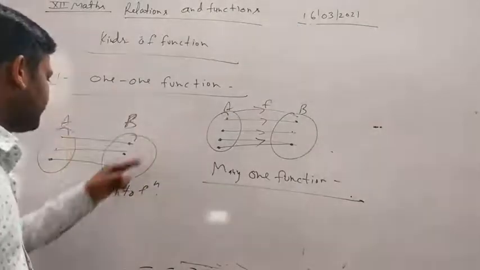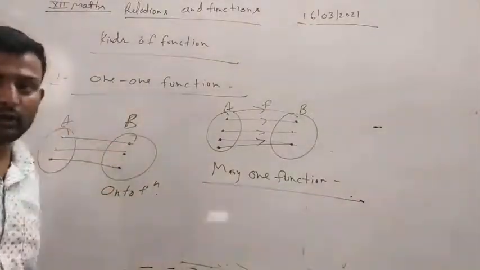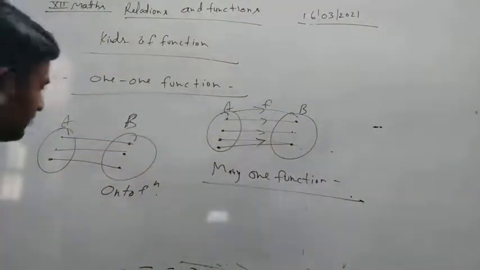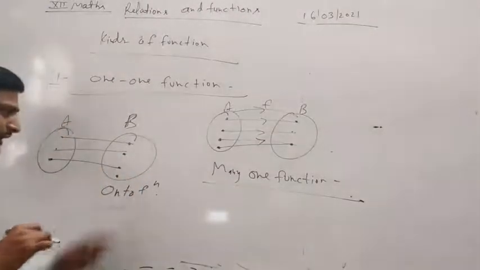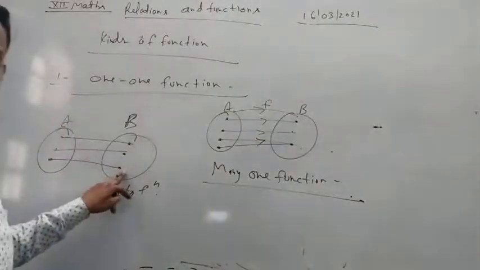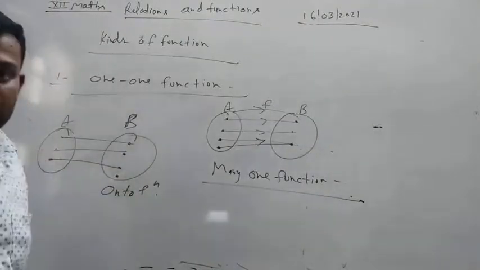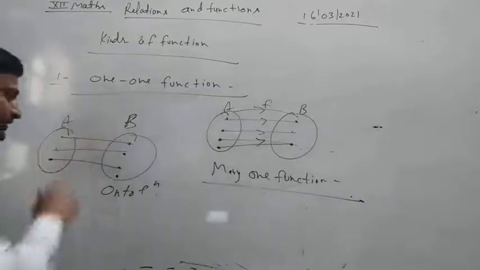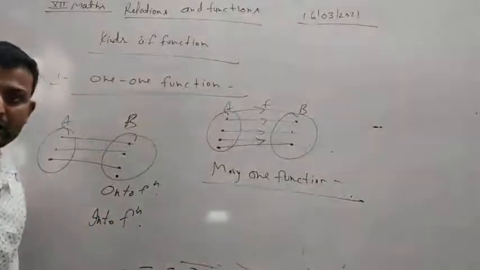But if any element in B has no pre-image in A, then this type of function is called an into function. I hope you understand, students.